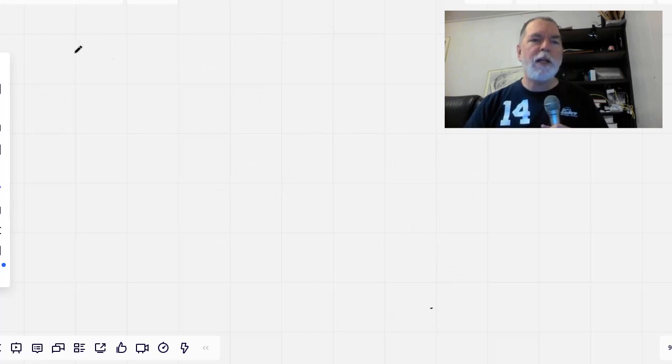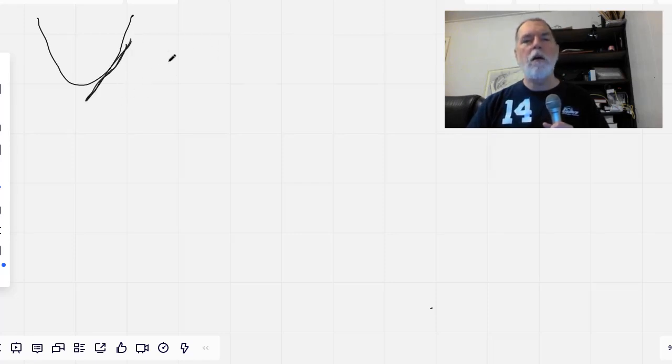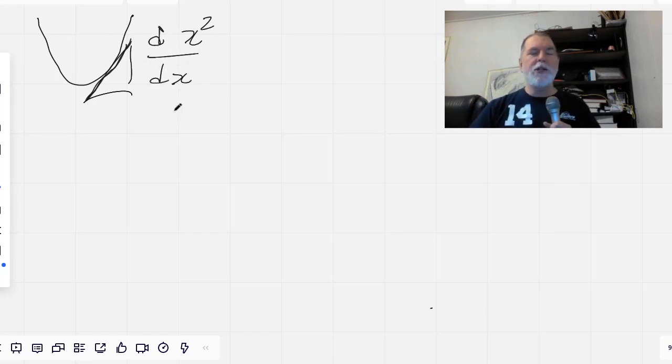So we're going to start with an example of finding the slope of x squared.